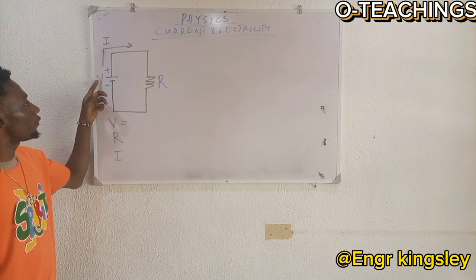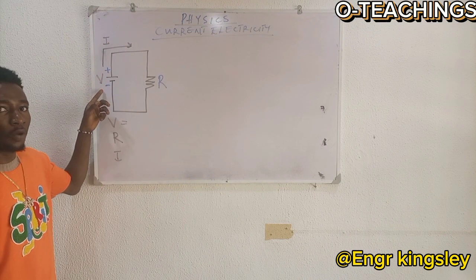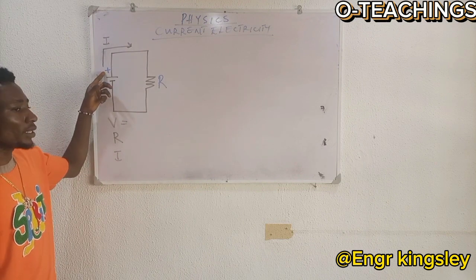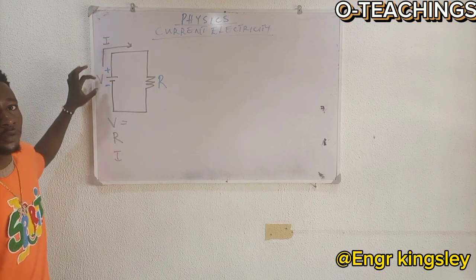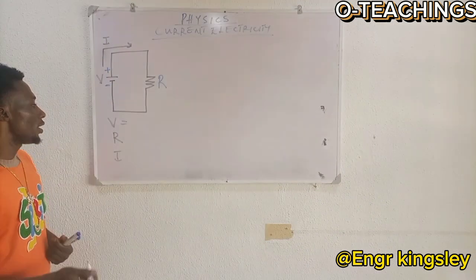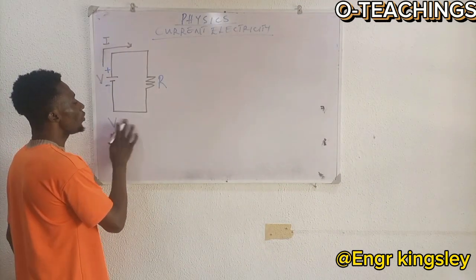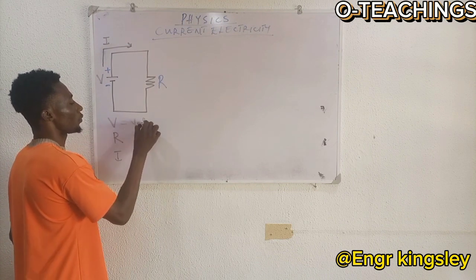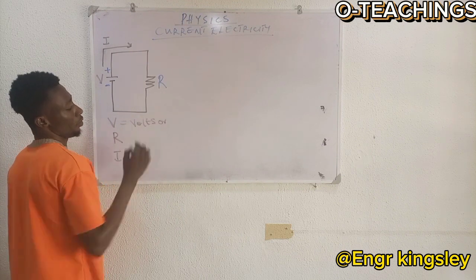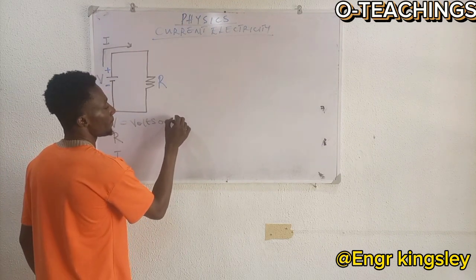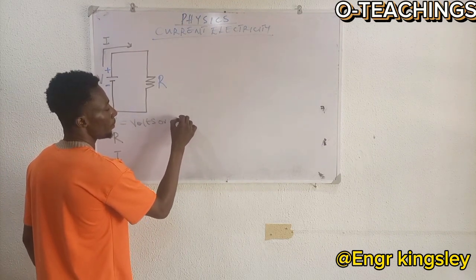The charge flows from the higher terminal to the lower terminal, from the positive terminal to the negative terminal. It always flows from high voltage to low voltage. It is always measured in volts, or coulomb per second.